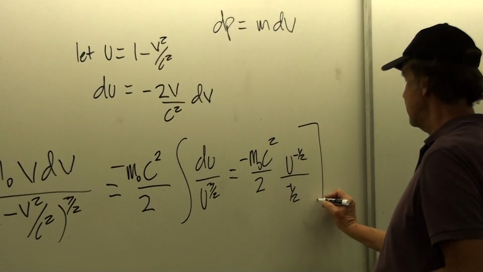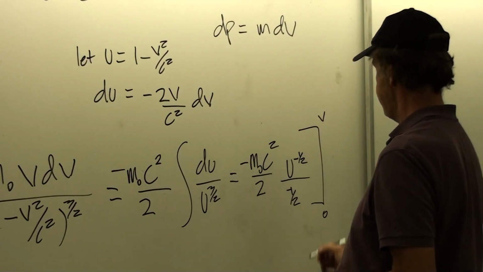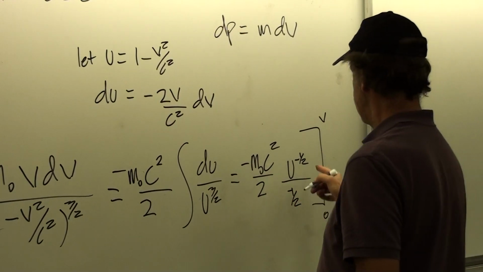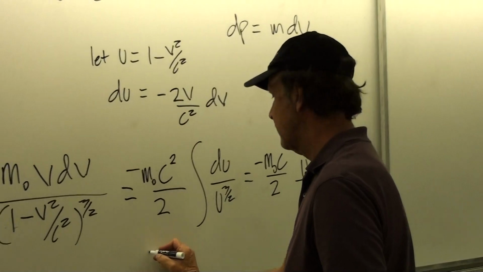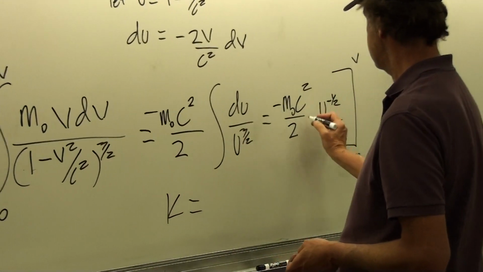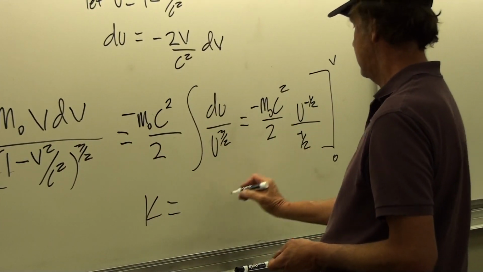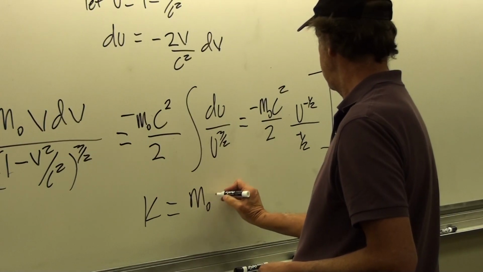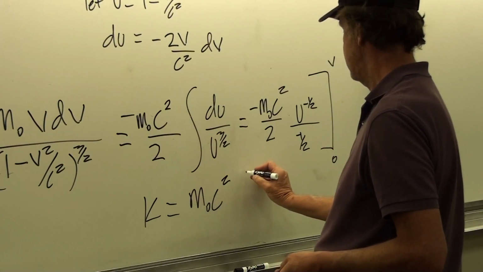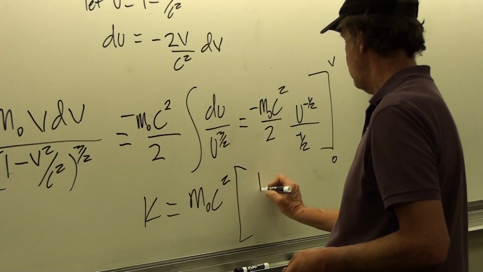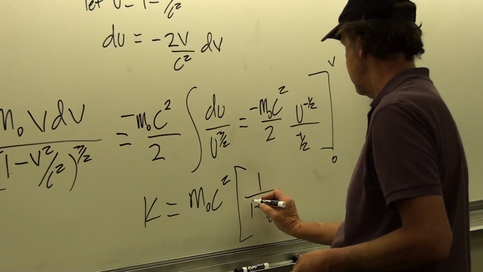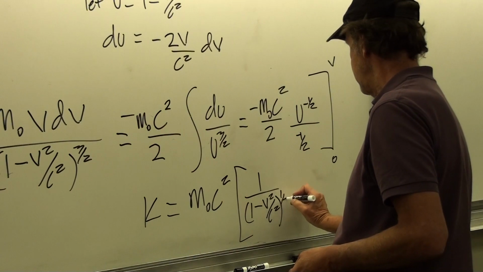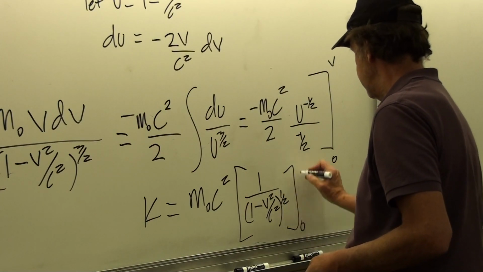And so then this is going to be integrated from 0 to v. Right? So then the minus signs are going to cancel, the 2's are going to cancel, and so our kinetic energy then is going to look like m naught c squared times 1 over 1 minus v squared over c squared to the 1/2 power, evaluated from 0 to v.